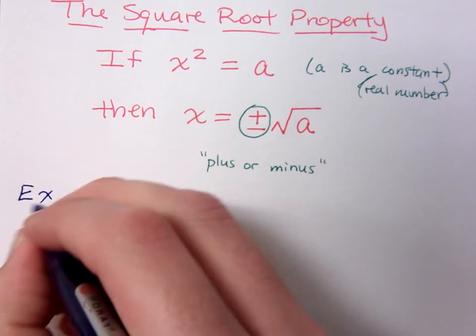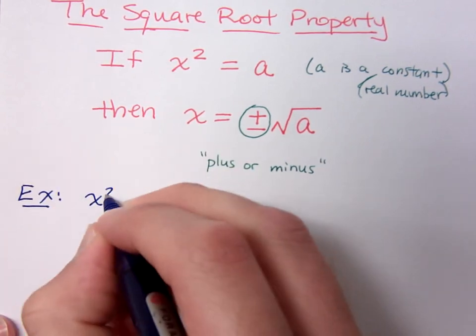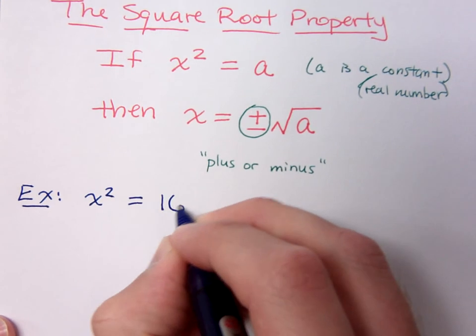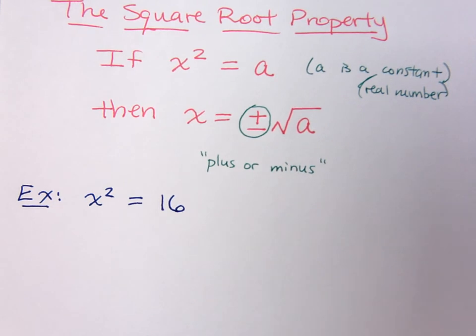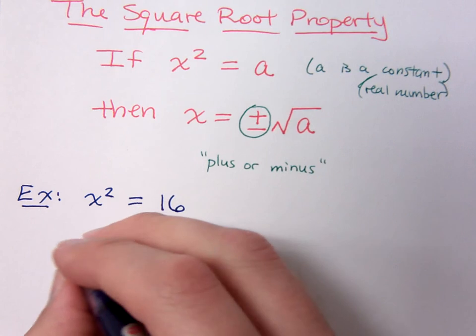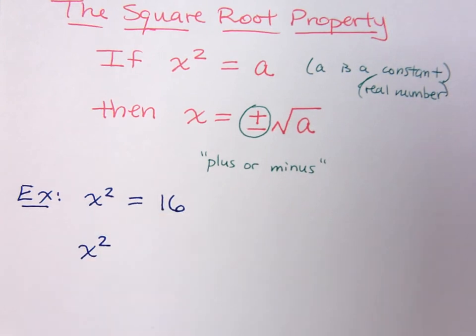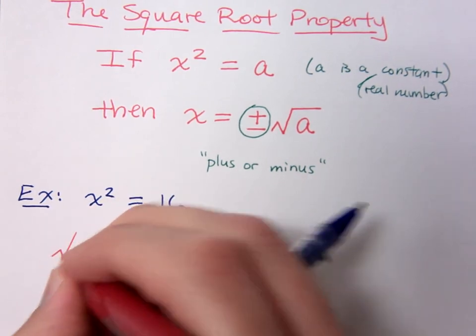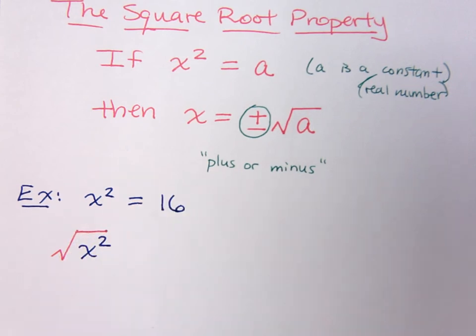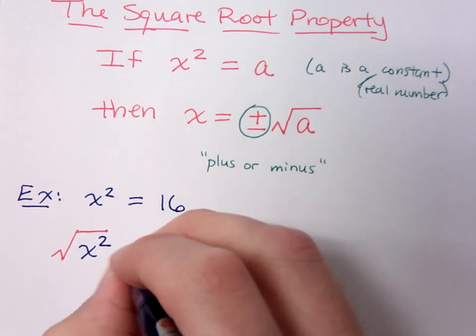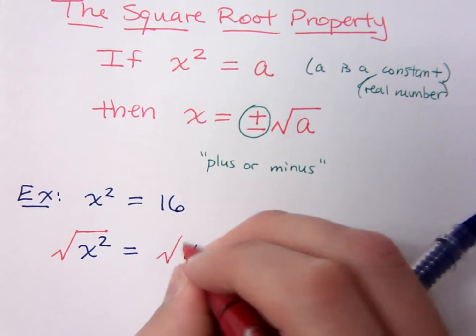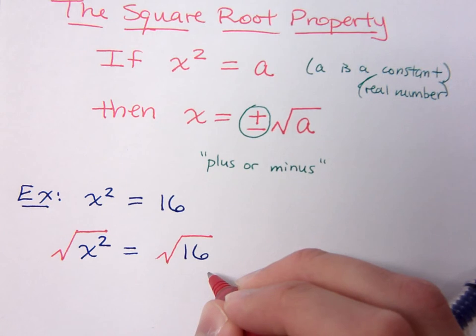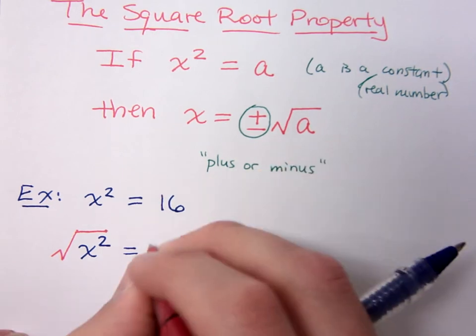Now we actually could have used that on the very first equation that we had. When I had x squared equals 16, I can apply the square root property to both sides and get my solution. So here's what it would look like. I would basically be taking the square root of that side, and it would equal the square root of the other side, but with one little catch here, and that's the plus or minus.